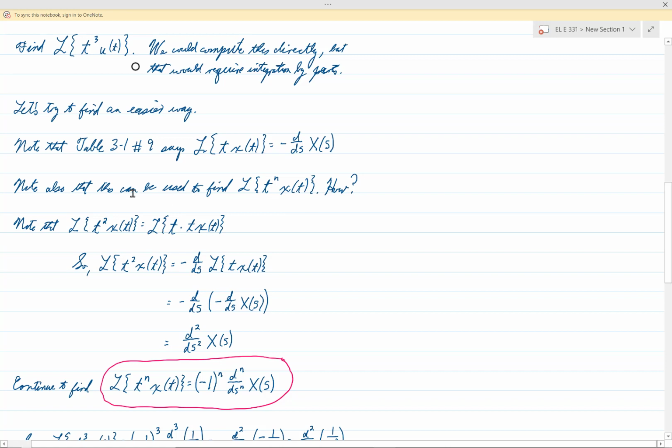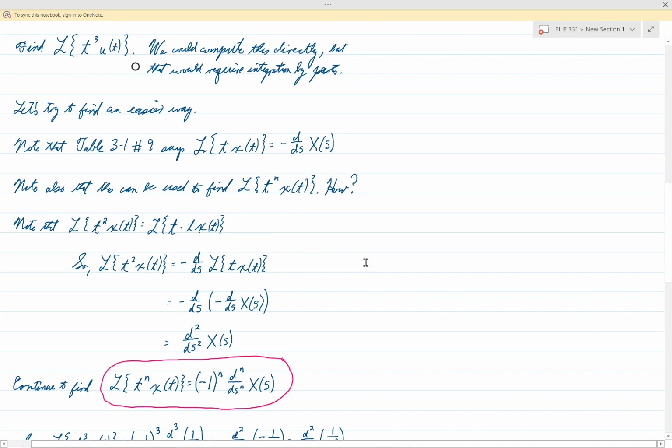Now, I claim that this formula allows us to find the Laplace transform of t to the n times x of t. This is just the Laplace transform of t x of t, but I claim that by repeatedly using that formula, you can find the Laplace transform of t to the n times x of t.